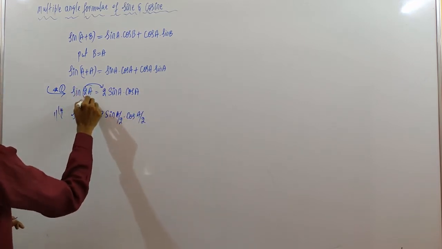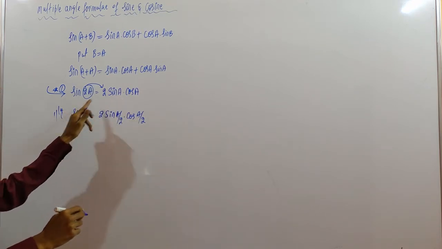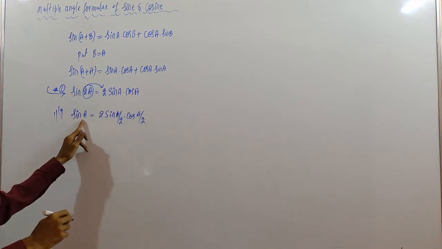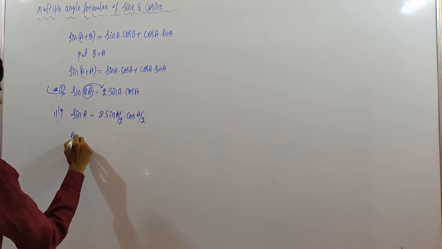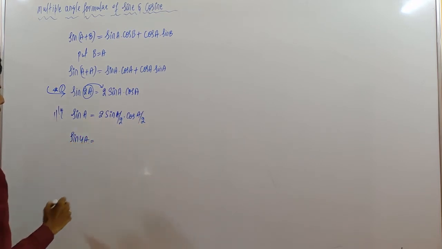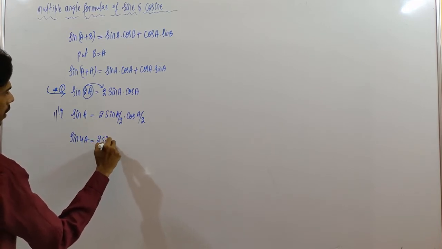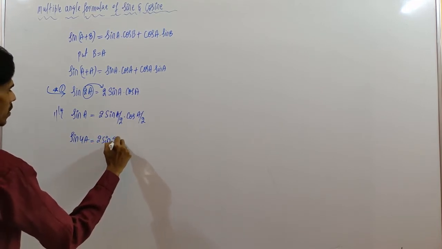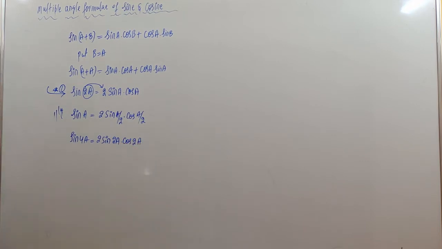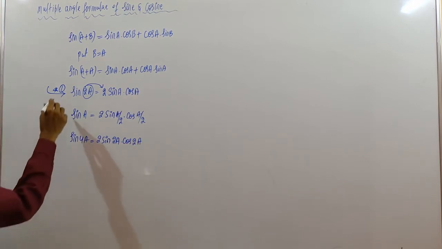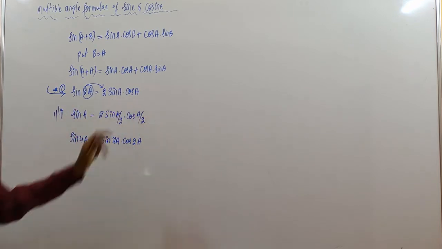So 2A is there, we take half of 2A, which is A. If we have A, it becomes 2 sin A by 2 cos A by 2. Similarly, sin 4A will be 2 sin 2A cos 2A, half of 4A being 2A. So we have to remember this formula: sin 2A value is 2 sin A cos A.